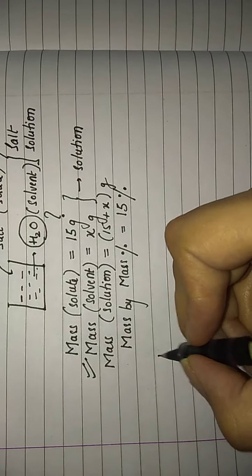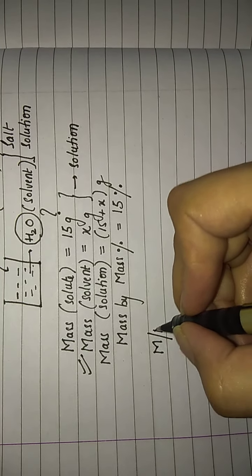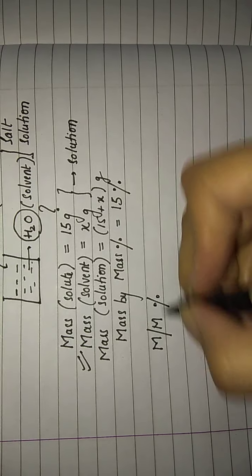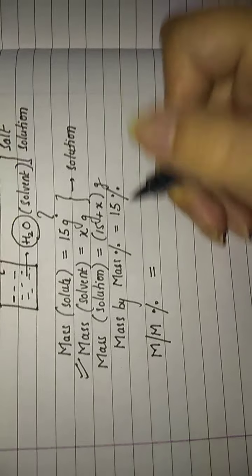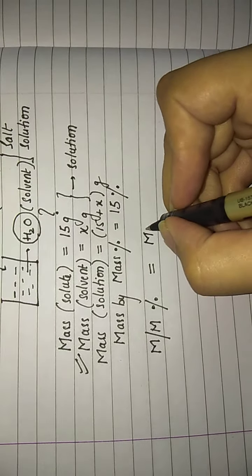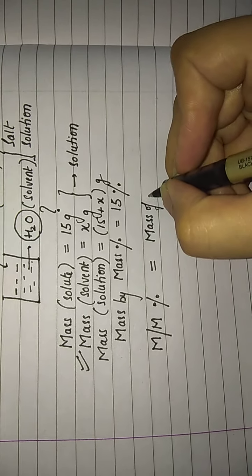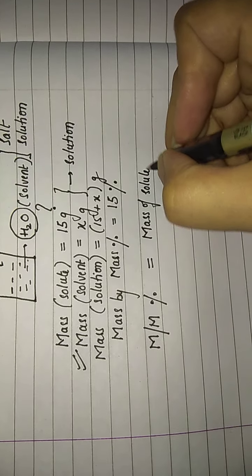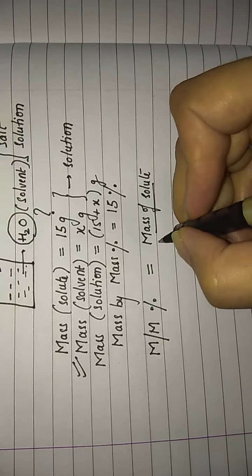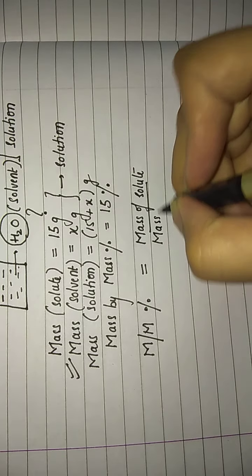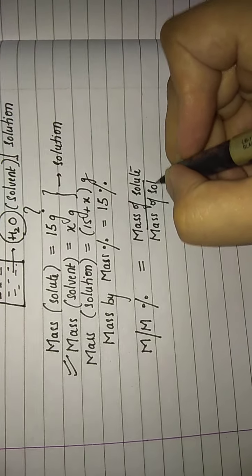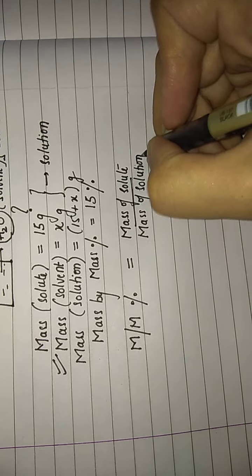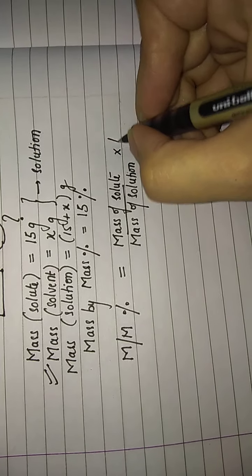Now using the same formula which says mass by mass percentage, I am writing it in short here, is equal to mass of solute divided by the mass of solution into 100.